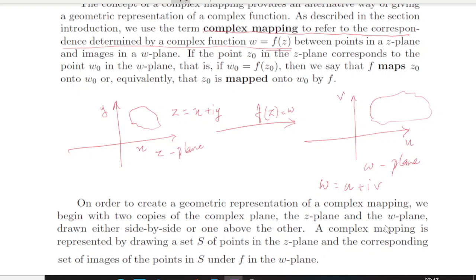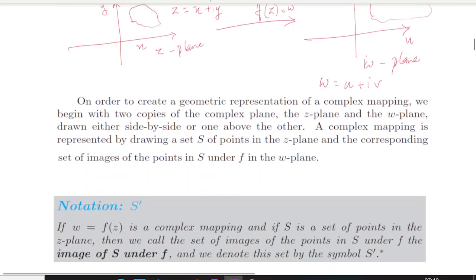This is the general method that we are using. In some cases we can have this w plane over the z plane, or we can have these two planes side by side. This is the first thing we want to mention here.